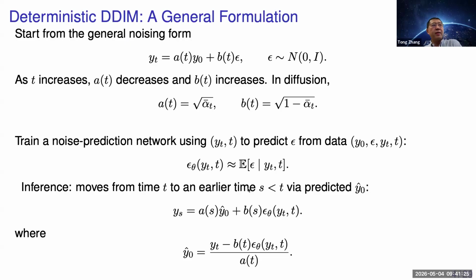That's why we make it a little more general to say for any S smaller than T, you do this. Essentially it says the following: from YT, I can predict Y0. From Y0, I plug that in to get YS, where S is a little bit smaller than T. And then you gradually denoise. This is not a good estimate if it's just one step.